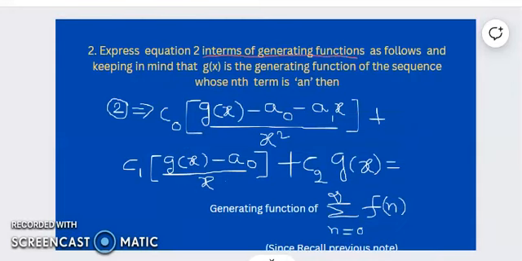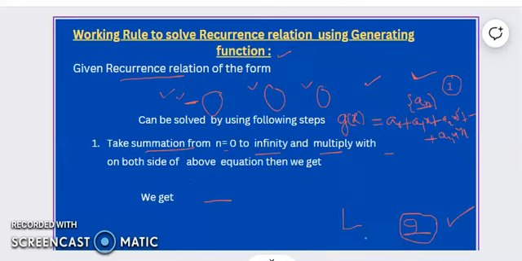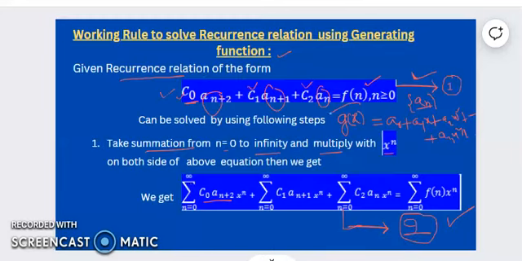And remember, g(x) is the generating function of the sequence whose nth term is a(n). That is what we wrote here, the g(x).